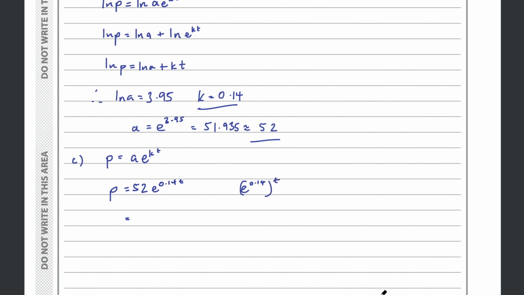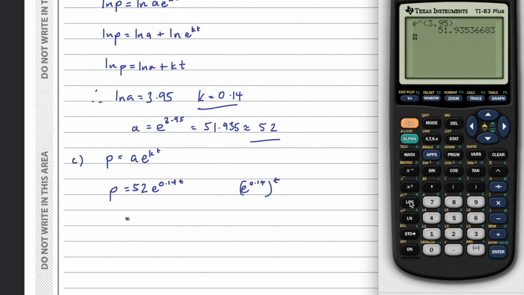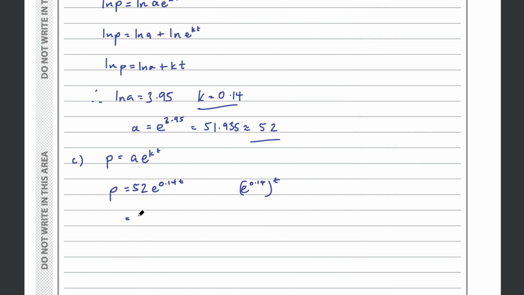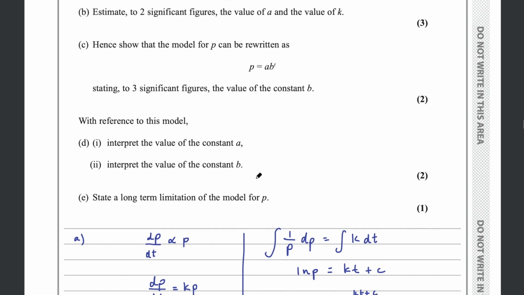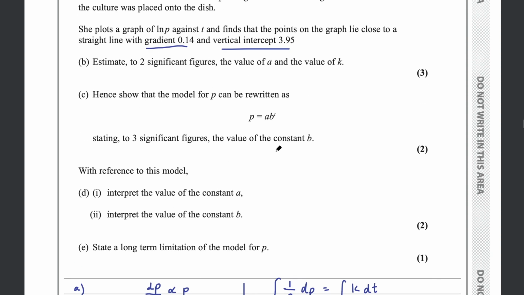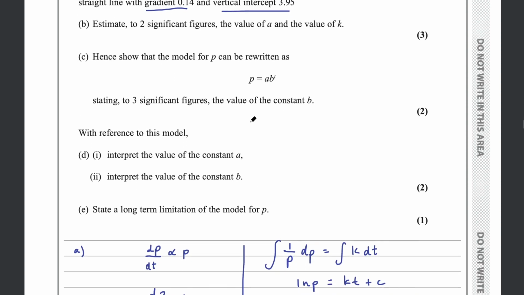E to the power of 0.14 gives us 1.15. So this would be the same as writing 52 times 1.15 to the power of t. And therefore b will equal 1.15 to three significant figures. Okay, so that was part C, the constant b.